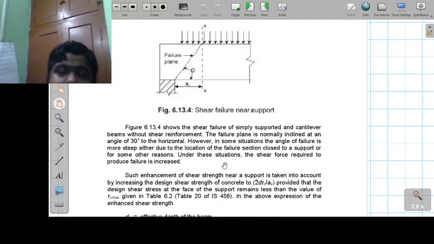In this case the code book has recommended to enhance the shear strength near the support.